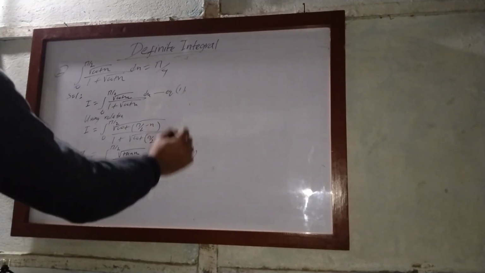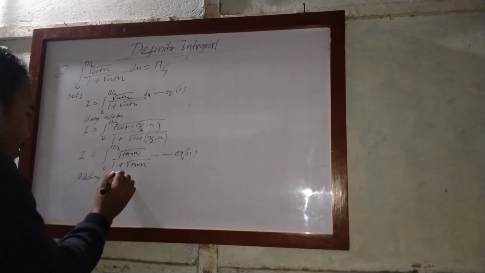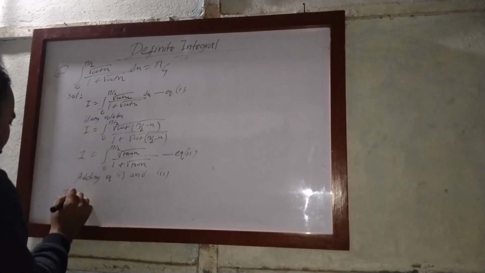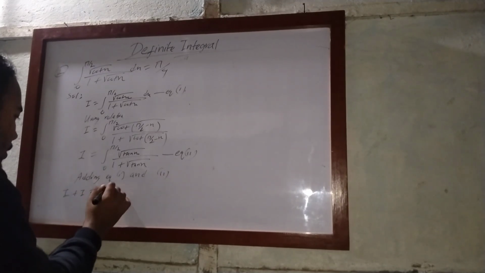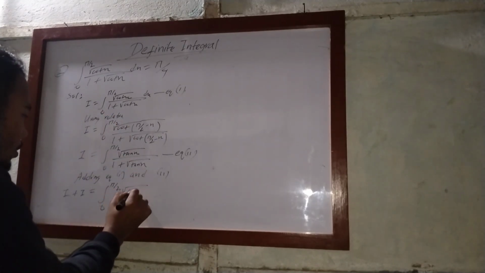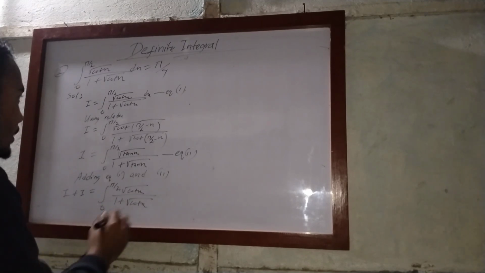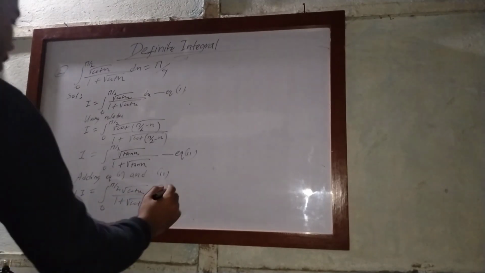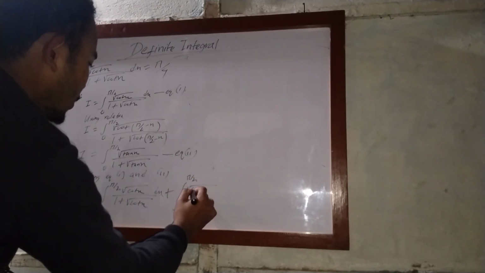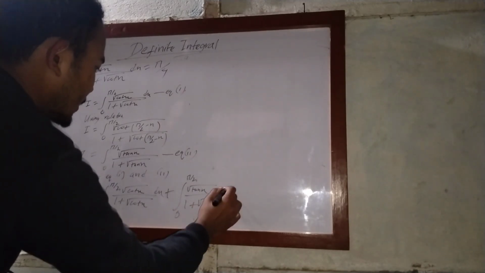Now add equation I and II. Adding equation I and II, we get I plus I is equal to the integral from 0 to pi by 2 of root cot x divided by 1 plus root cot x dx, plus the integral from 0 to pi by 2 of root tan x divided by 1 plus root tan x dx.